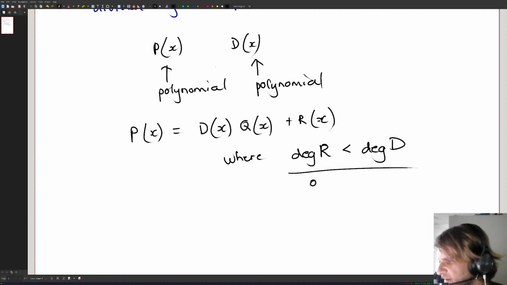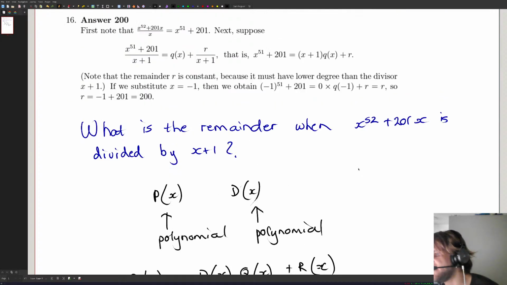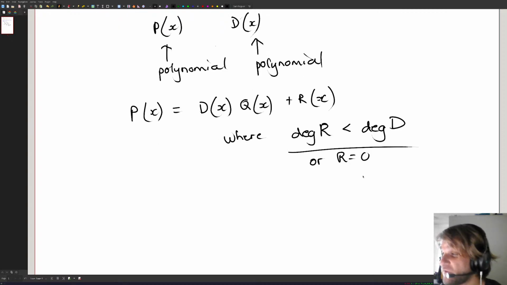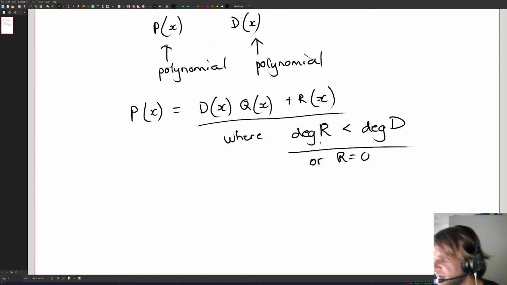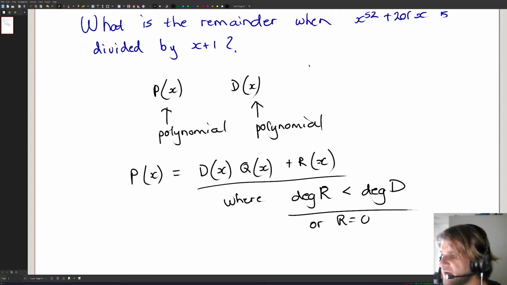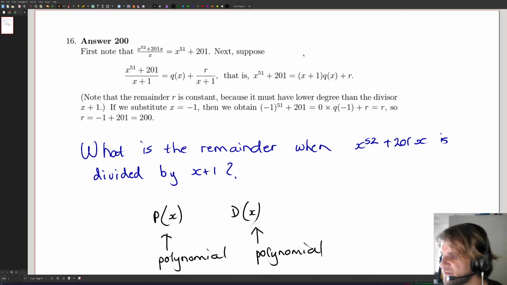So what you sometimes just see people say is "or r equals 0", because sometimes people leave the degree of the zero polynomial undefined. But they mean the remainder, when you do the division with polynomials, is the polynomial that makes this identity true. They don't mean that this is the remainder you get for every integer that you plug in. They don't mean that this is some number and this is some number.